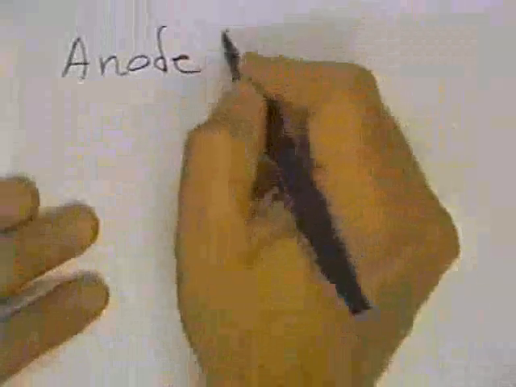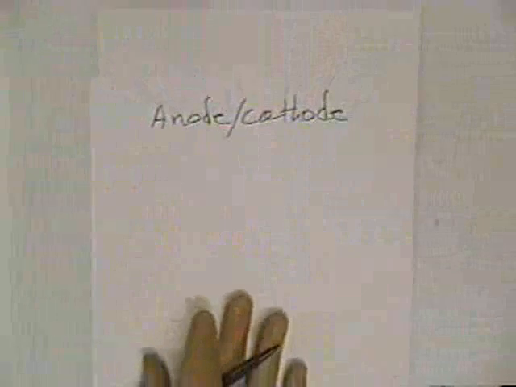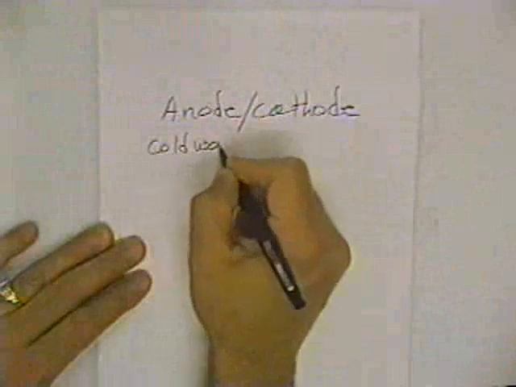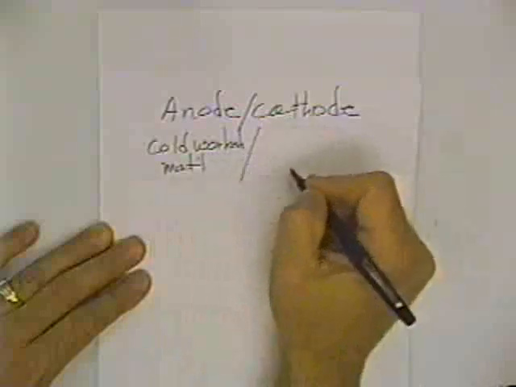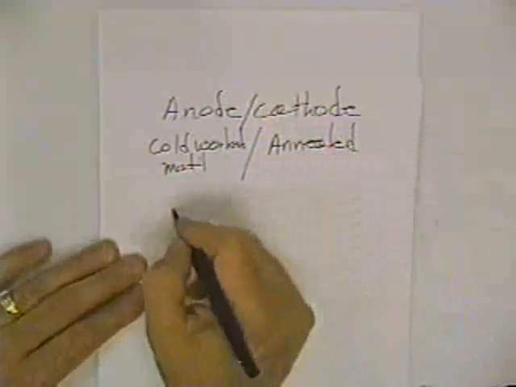How you might develop anodes and cathodes. And in addition to having materials of different chemical composition, you can also develop an anode and a cathode with respect to materials because of what has been done to those materials. For example, cold worked material will be anodic with respect to annealed material.